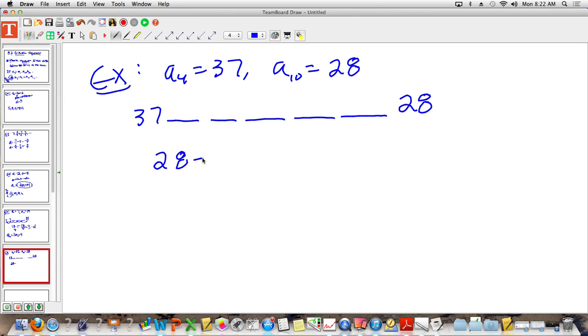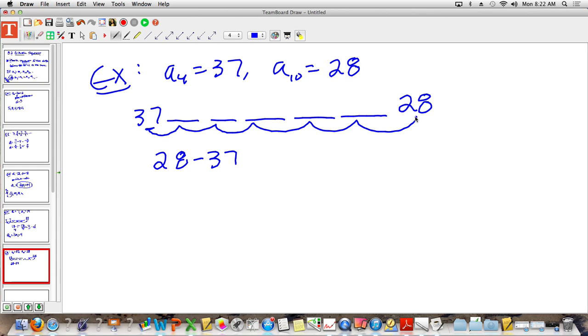Subtract from it the very first term that you know, which is 37. And then you have to divide it by how many steps there are from the very first term that you know to the very last term that you know. So, watch what I do though. Don't do this. You don't count the 37 as the very first step. You start at 37, you go to the next, that's step 1, 2, 3, 4, 5, 6.